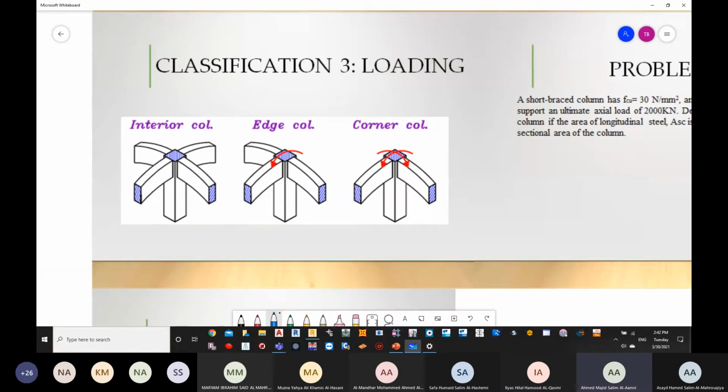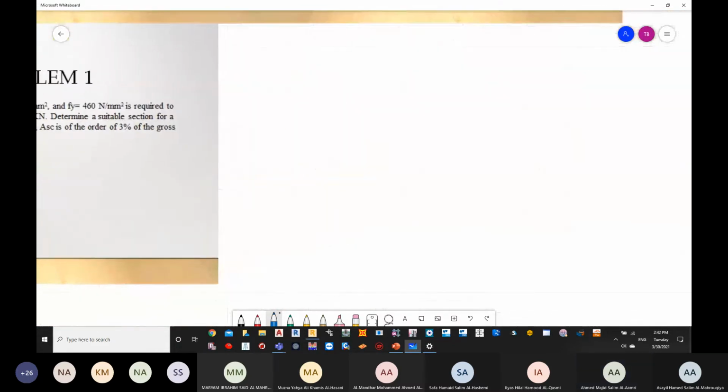Before going to these three different types of columns, let us say that I have this particular frame, and we have a loading here.